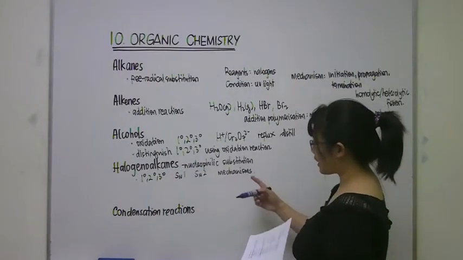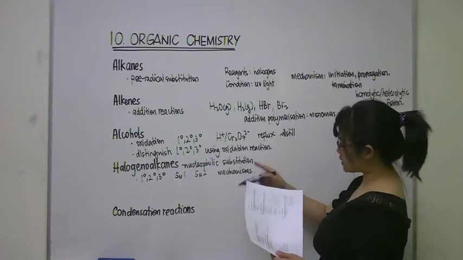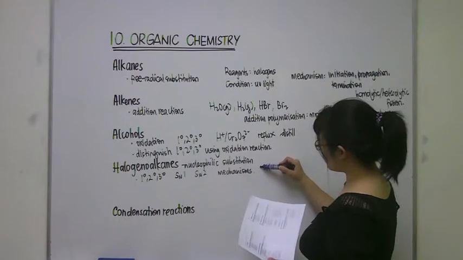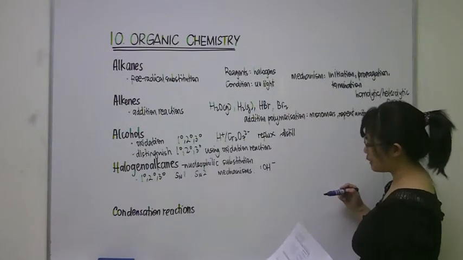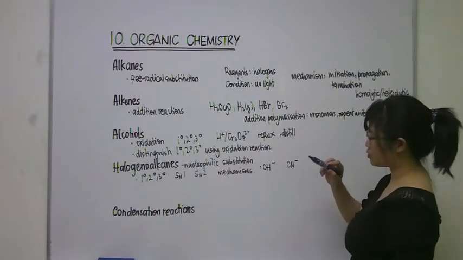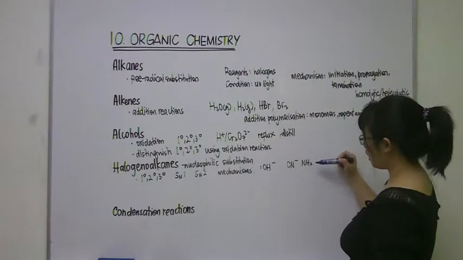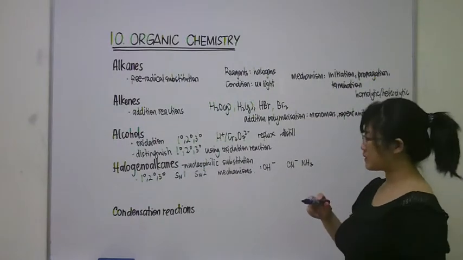Now for the higher level, there are more things that need to be studied. In standard level, the only nucleophile that you need to be concerned about is OH⁻. But in higher level, you also need to add CN⁻ and ammonia as nucleophiles.